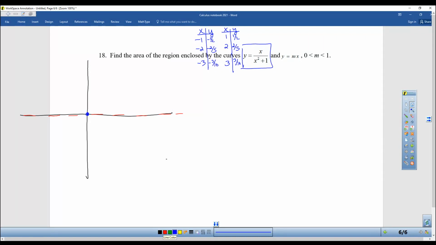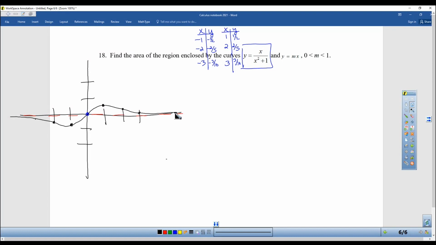So I'm going to go ahead and plot those points so I can have an idea of what it looks like. At 1, it's 1/2. At 2, it's a little bit less than that, and then less than that. But at -1, it's -1/2, and then less than that, and then less than that. So it must look something like this.